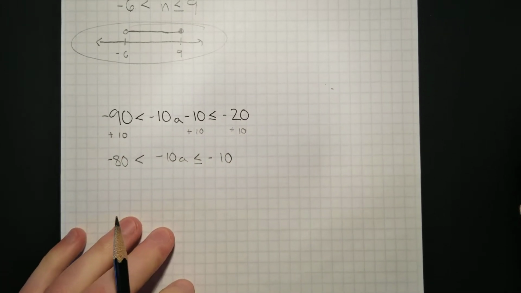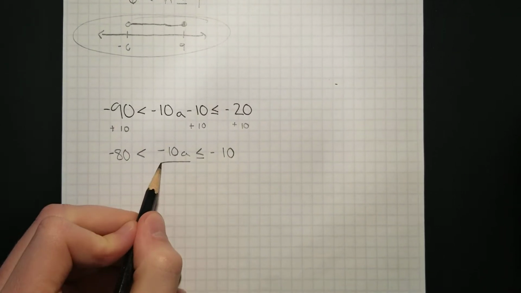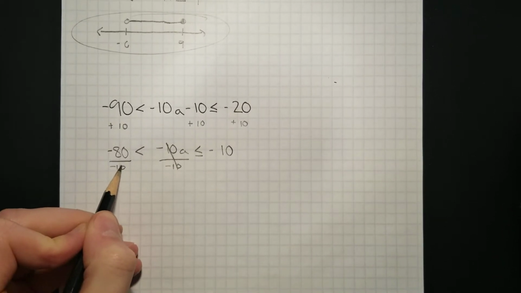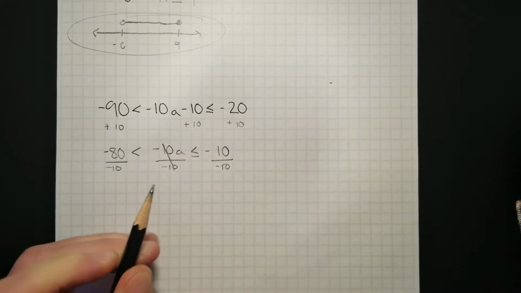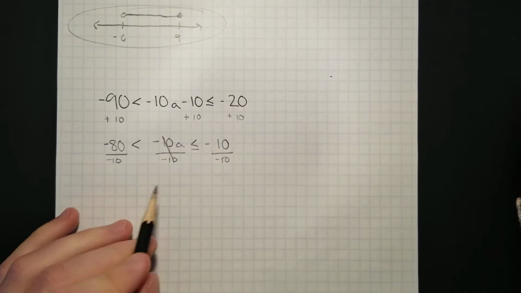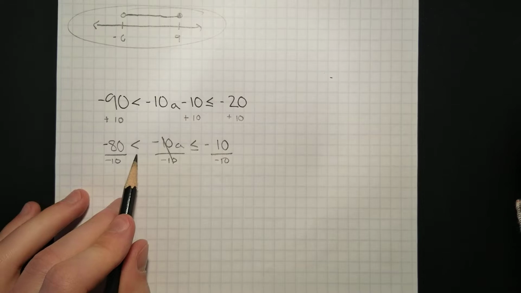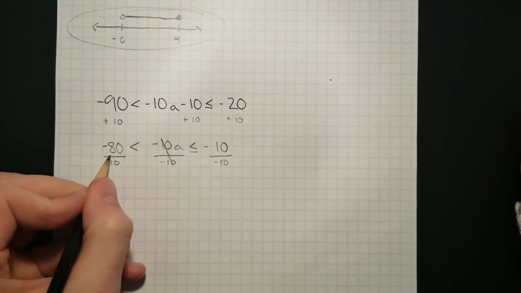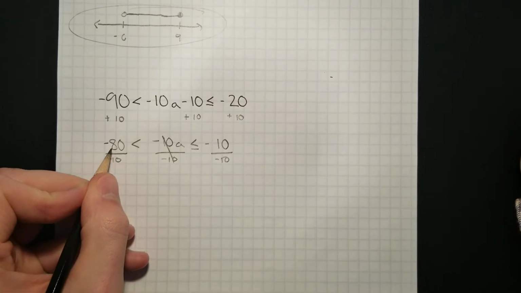Lots of negative 10s there. Then we're going to divide by negative 10 to get rid of that in the middle. Divide by negative 10, divide by negative 10. You may remember that whenever we divide by negatives within an inequality, the inequality symbols have to flip. They have to go the other way. So we're going to do that as well.